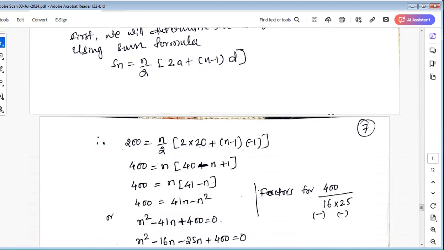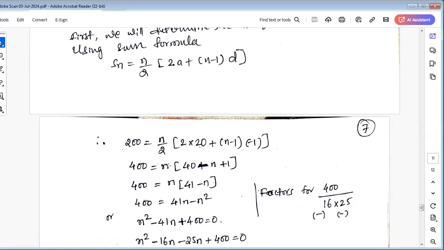Sn is equal to n by 2 into 2a plus n minus 1 into d is the formula. Sn is 200. n we don't know. You keep n by 2 into 2a. 2a is 2 into 20, plus n minus 1 into d, where d is minus 1. Simplifying, this 2 comes to this side. So it becomes 400 is equal to n into 2 into 20, which is 40, and you multiply this minus into this bracket, so it becomes minus n plus 1.